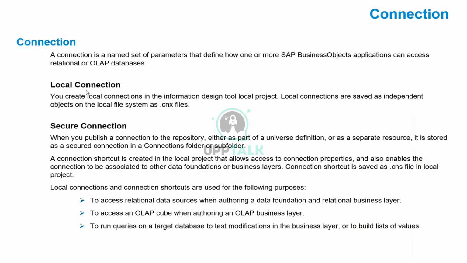If you are thinking of publishing the universe to the repository and consuming it for Web Intelligence, you definitely need to publish it to a repository. That connection, we can click and publish to that secure connection. Local connections and connection shortcuts are used for the following purposes, to access these things.